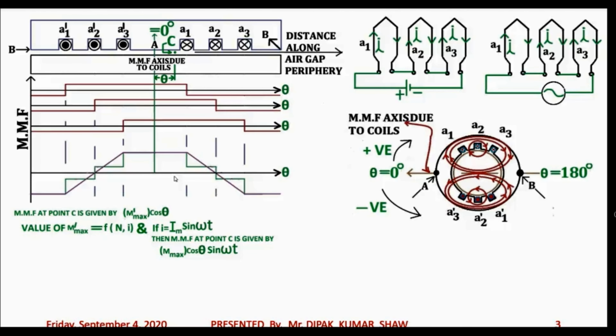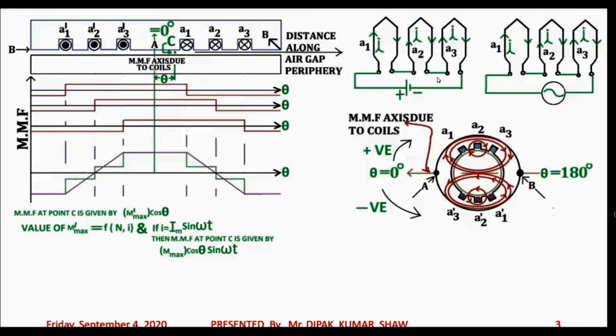So what do you say? That the MMF along the air gap periphery is a function of both space angle theta as well as time. This will be valid if the coils are carrying sinusoidal current.